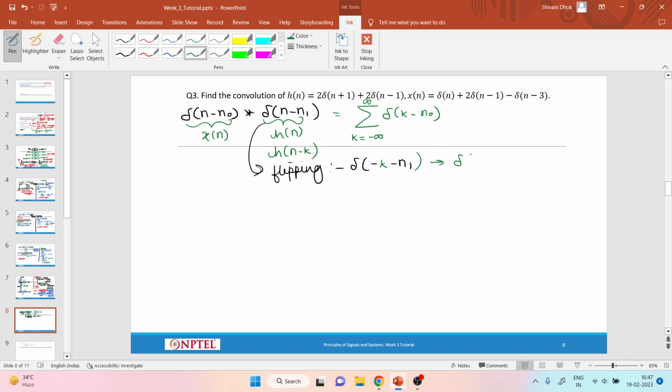Then this will give me delta of n minus k plus n1. Now let us play with this. This we can write as delta of minus k minus n minus n1.